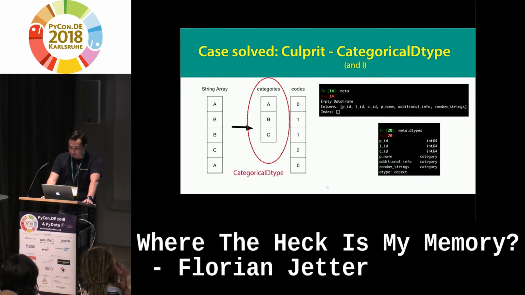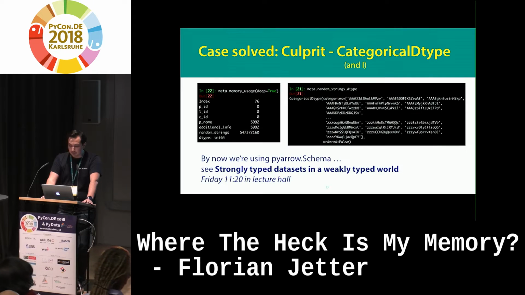And if you actually look even more closely, and use the pandas API to check what the memory consumption is, you see that even though I have categoricals, this empty data frame takes up a huge amount of memory. On the right-hand side, you actually can print out your D type, and for this particular example, I used just random strings.